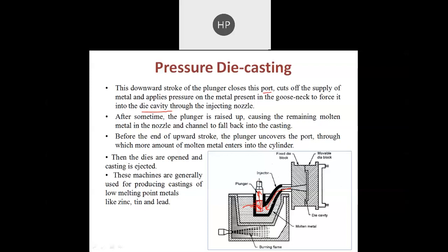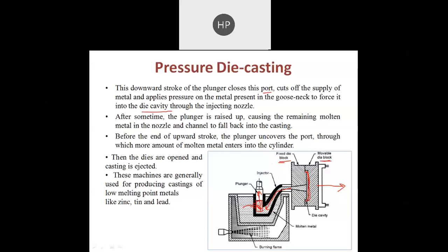Then the dies are opened and the casting is ejected. Now what we have here is the finished casting, which is to be removed. This is the fixed block and this is the movable block. The movable block will go in this direction so that the first half and second half of the die are separated and the casting is taken out.